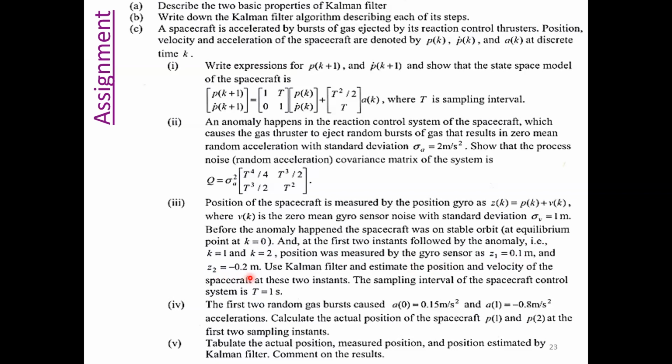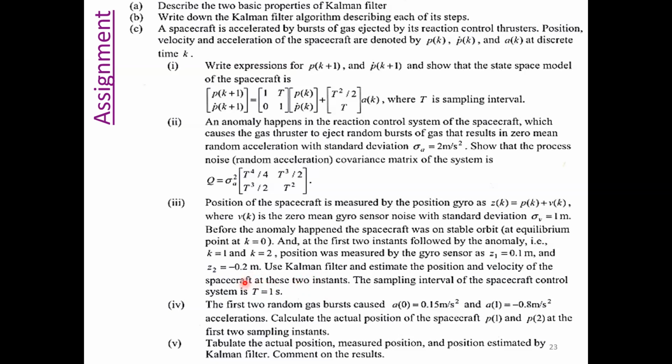This is the position. So it deflects from 0. It goes to 0.1 positive at the first moment, k equals 1, and then it goes the other way, minus 0.2 meters at k equals 2, because of the random gas bursts.